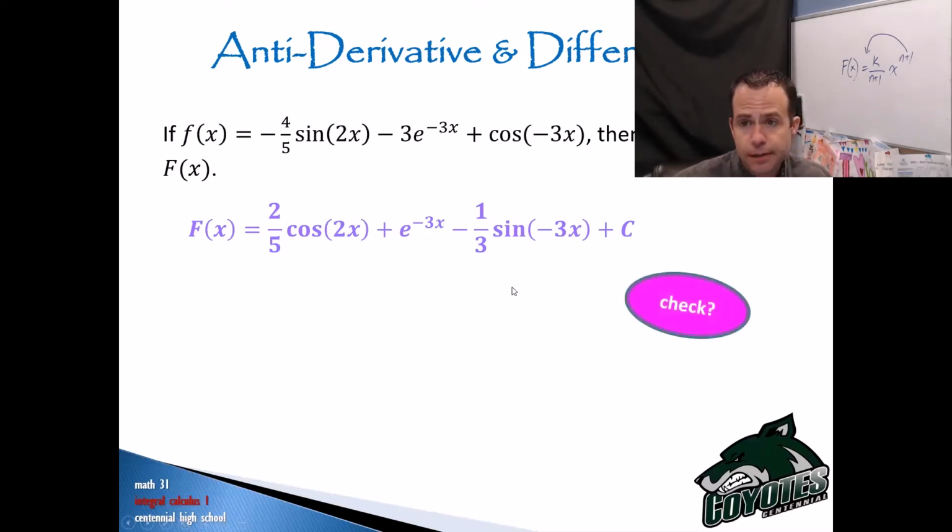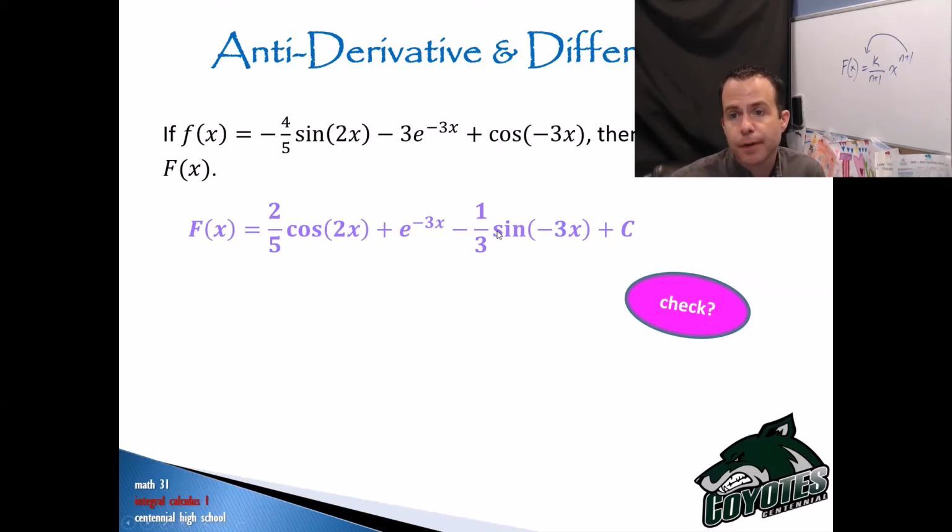If I was to check it, again, the derivative of cos is negative sine, and then I'd have to multiply this by 2, and that would give me my negative 4. So that negative 4/5 sine 2x works out. Here, the derivative of e to the negative 3x is e to the negative 3x times the derivative of the inside function, which would be negative 3, and that works out.